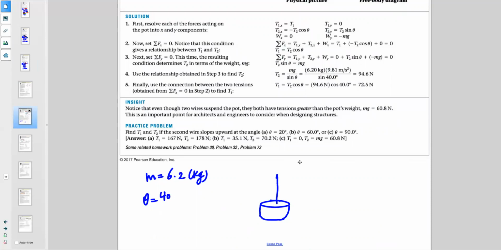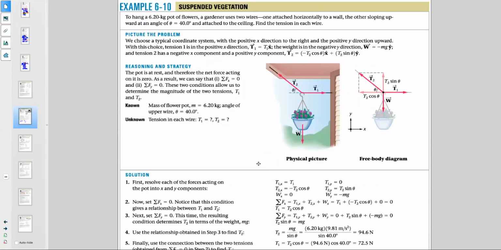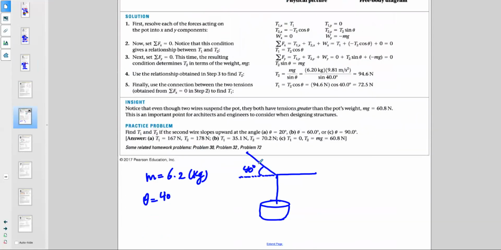So I have a pot of flowers, connected to this, with 40 degrees up there. I have W, T1, and T2.